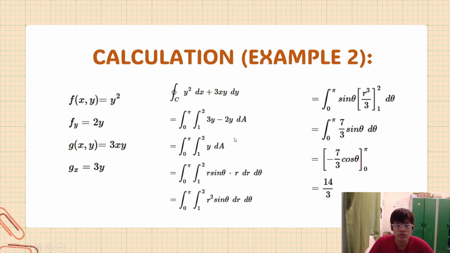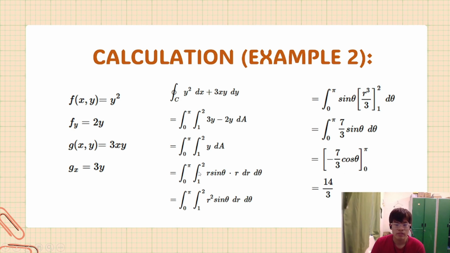When we get this equation, we can substitute y with r sine theta, and we substitute dA with r dr d theta. After that, we integrate this r sine theta in terms of r, so that we get 7/3 sine theta, and we also integrate it in terms of theta.